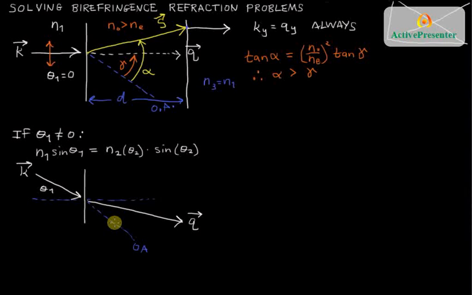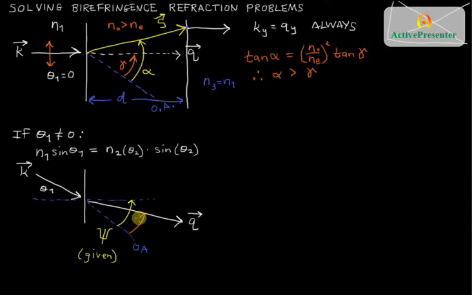And in this case, we still have all the angles that we had before. We know that the angle between the optic axis and the horizontal, that's going to be some angle psi, which is a given for the problem. We always have to know the angle of the optic axis relative to the interface, or we cannot solve the problem.